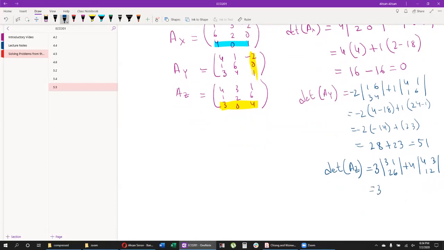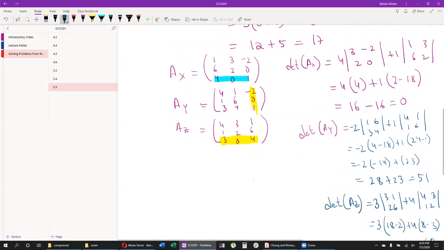So that gives me 18 minus 2 plus 4, 8 minus 3. So 16 times 3, 48 plus 28. So that is 68.